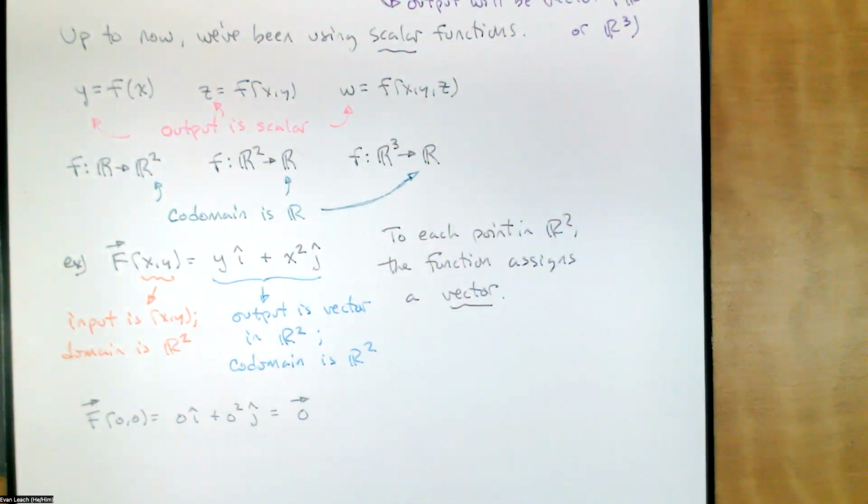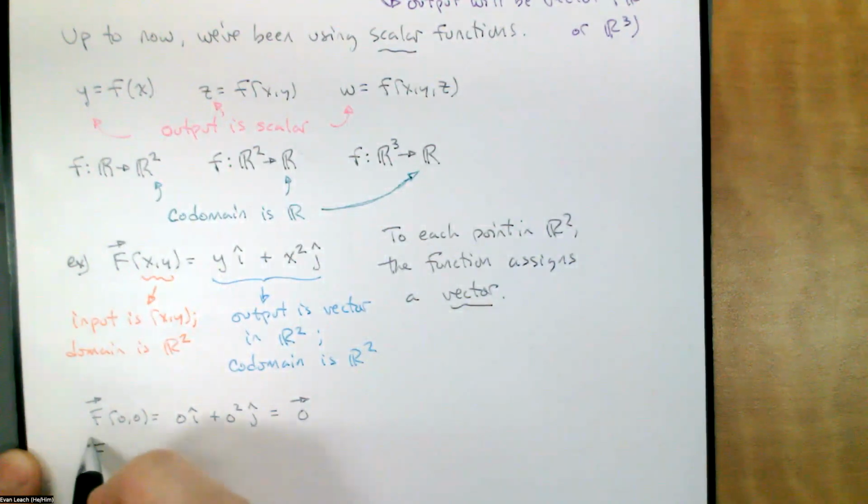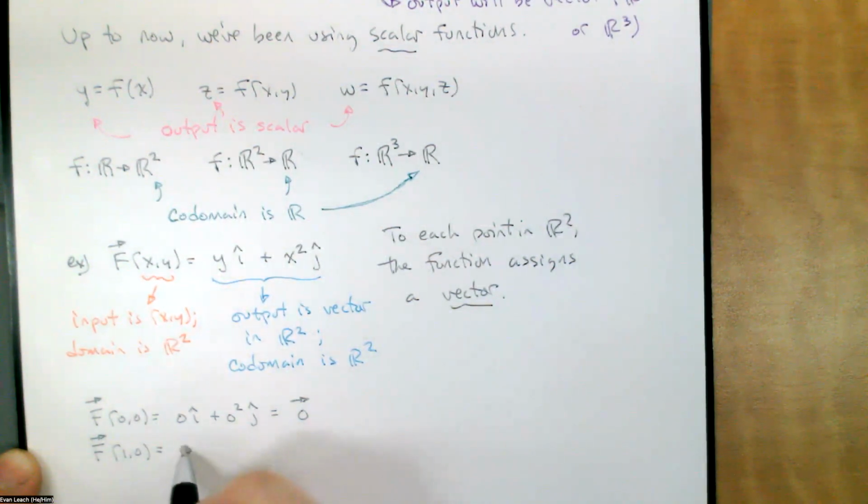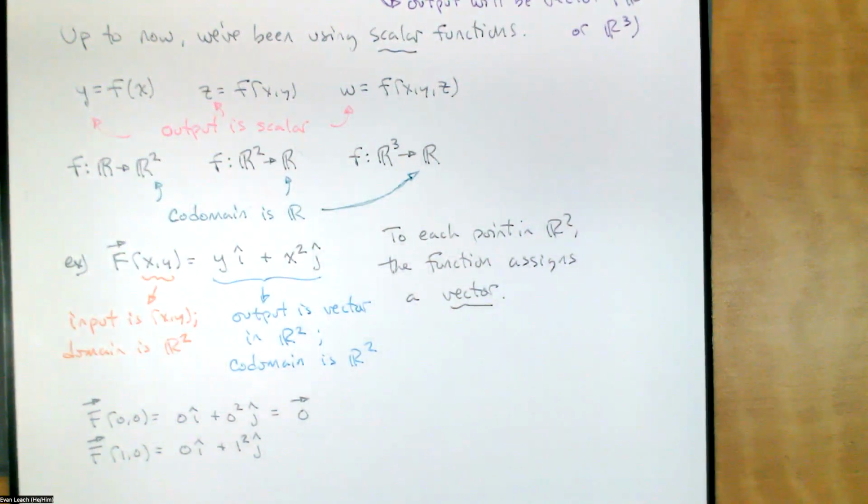So when we plug in 0, 0 to this particular vector field, we get the 0 vector, not just 0 the number, 0 the vector. If we plug in the point 1, 0, we get 0i plus 1 squared j, so 1j.